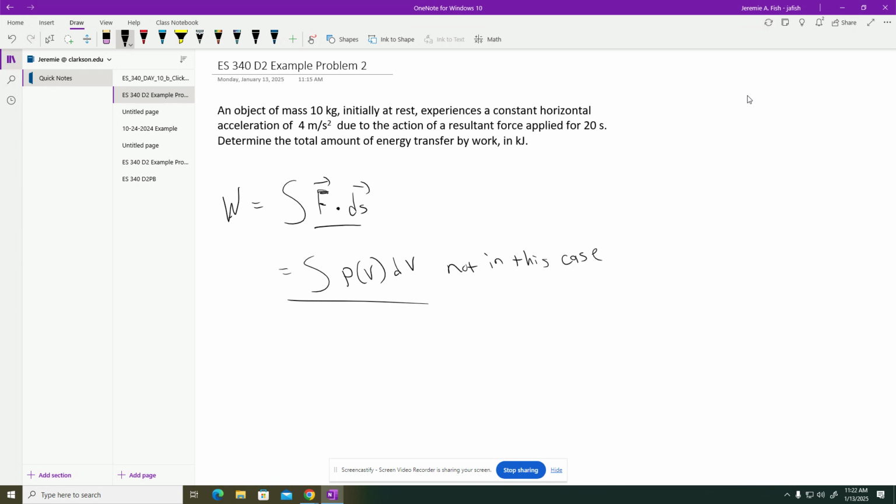In this case, rather than trying to convert everything to pressure and volume, we have a force that's acting through some displacement. Now, the nice thing is that we can choose a reference frame. You should remember your physics 1 and 2, mostly physics 1 here.